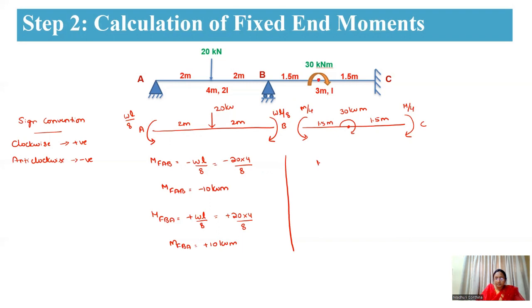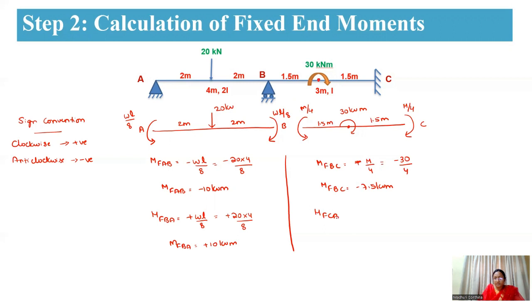So MFBC will be equal to, sorry, minus M by 4, since it is in anti-clockwise direction. That means minus 30 by 4, so MFBC will be equal to minus 7.5 kilonewton meter.